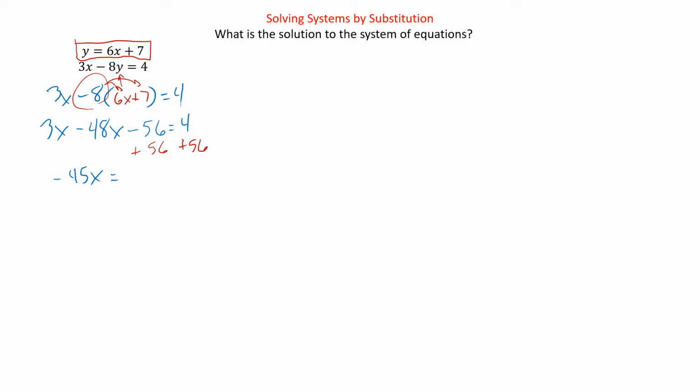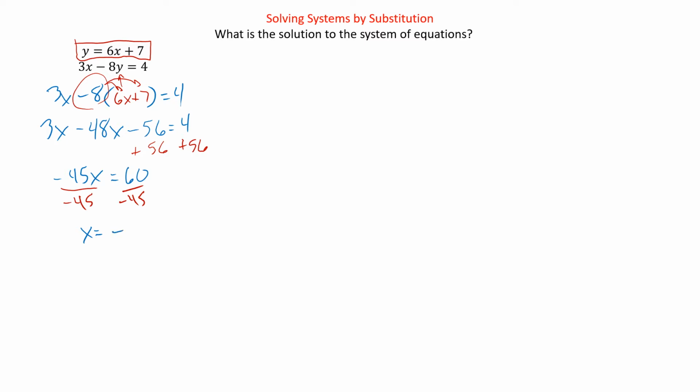equals 56 plus 4 is 60. So we have negative 45x equals 60. And the next step, we have to get that x by itself. So we're going to divide by negative 45 to get x equals, well, we know it's negative.